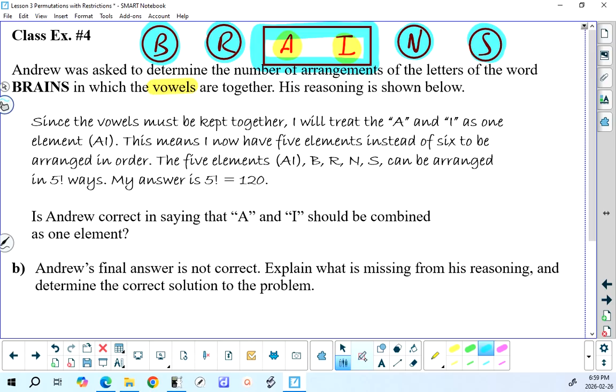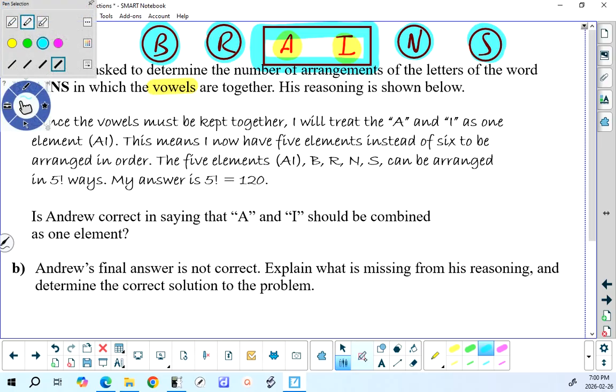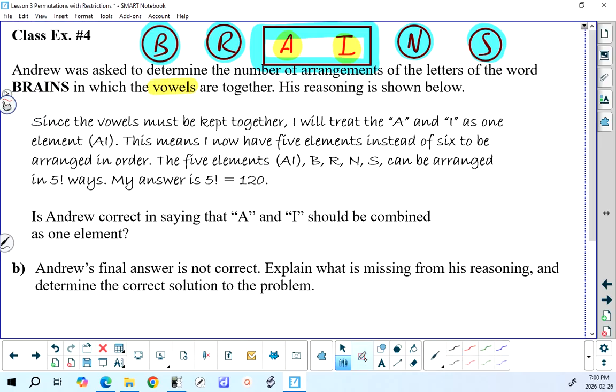The first part of this says, I think there should be an A here that I didn't type in. Is Andrew correct in saying A and I should be combined as one element? Yes, he's correct. They should be. Is Andrew's answer correct?